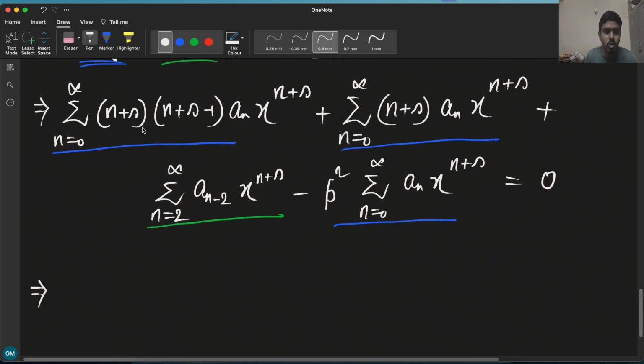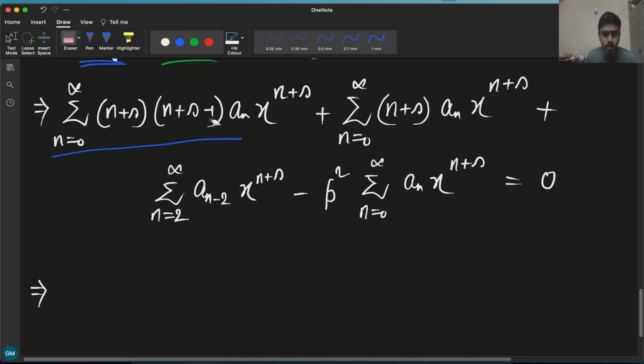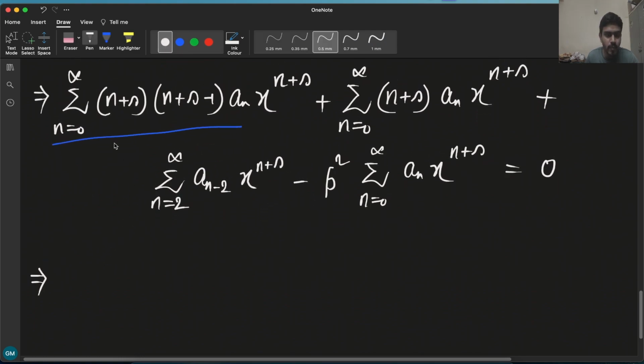So for n equals 0th term, in this case, if I put n equals 0, then it will be s times s minus 1 a0 x to the power s.